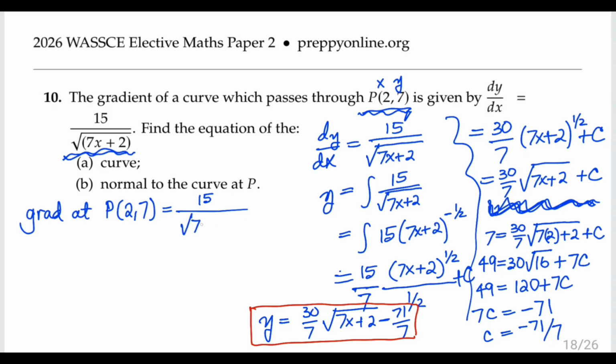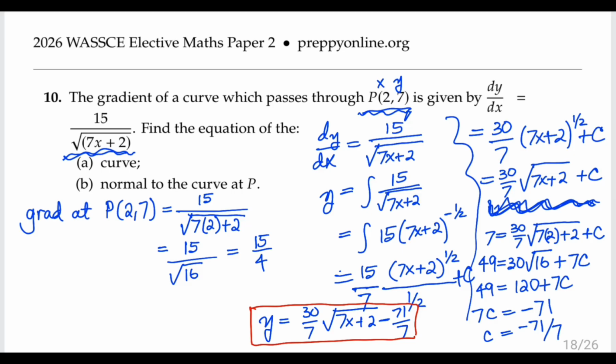So 7x is 7 times 2, plus 2. So this is going to give us 15 over the square root of 7 times 2 is 14, plus 2, is this. This is equal to 15 over 4. So that's the gradient of the tangent at P.